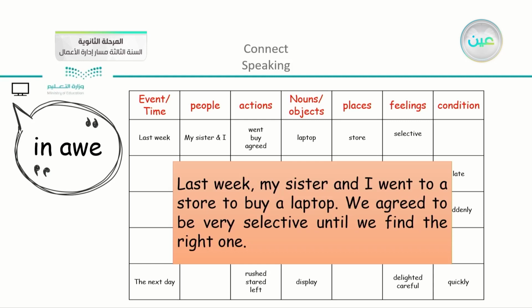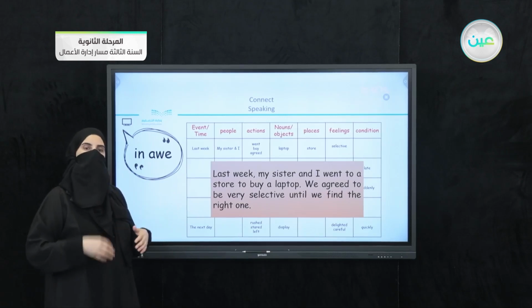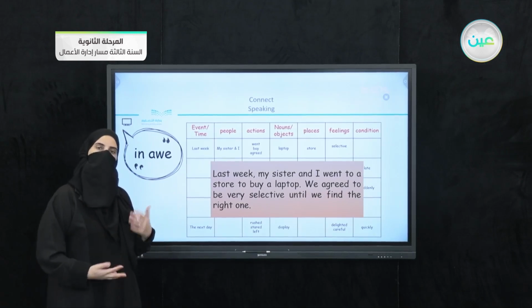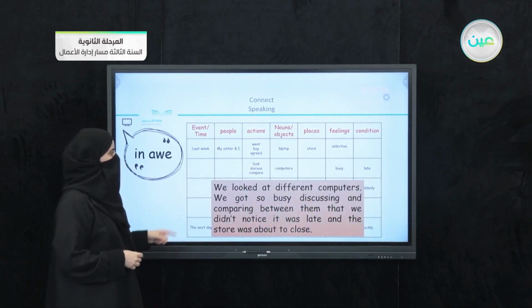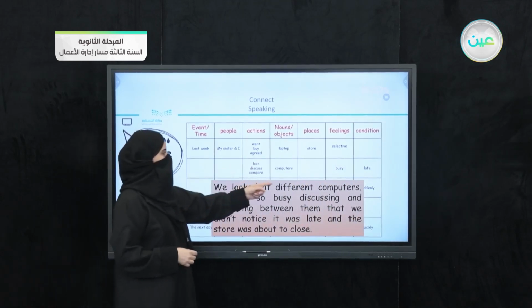You can see that from the first part, I wrote in the table all the words that I have in mind, just to remind me what we have. This is a useful technique for preparing your speech or writing. In the second part, we looked at different computers.